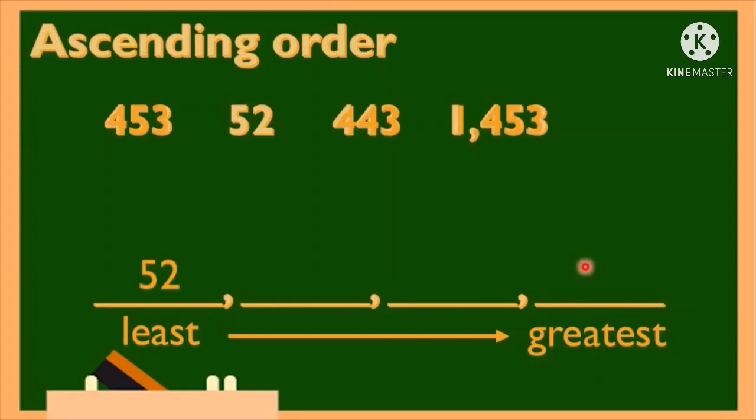The greatest number has 4 digits. And that is 1,453. Correct. Now, we only have 2 more numbers. The 453 and 443. Right?